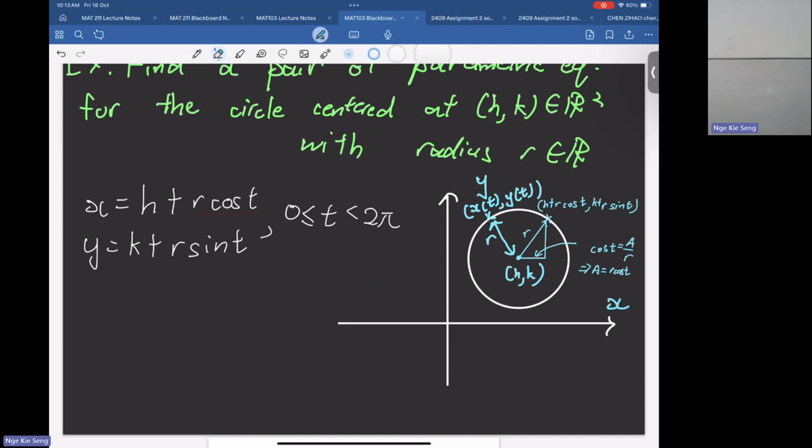Can you imagine if I change this domain, let's say to 0 to 3 pi, for example? You see the same circle, but you go around once and then plus a half round. So you need to remember how many times you wrap around. This will determine whether it is the same curve or not. Okay, does it make sense?